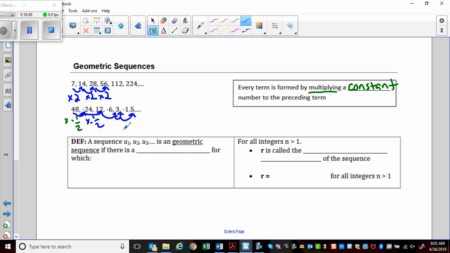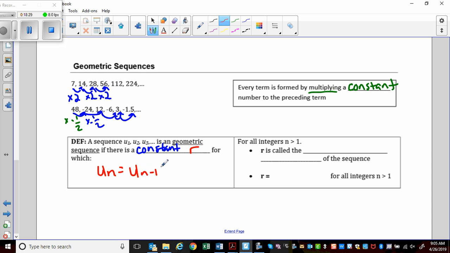The definition of a geometric sequence is that there is a constant, still, r this time. We usually use r, for which u sub n equals u sub n minus 1 times r.